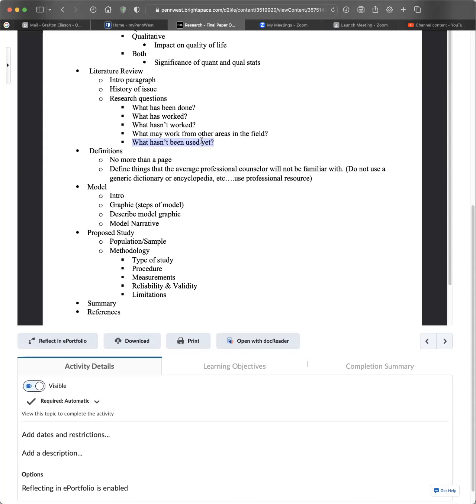And even though they didn't use them with your topic, you think they might work. So maybe nobody's written about nutrition and addiction, and certain diets that might help people. So maybe there's not a lot out there, but you think it might help.